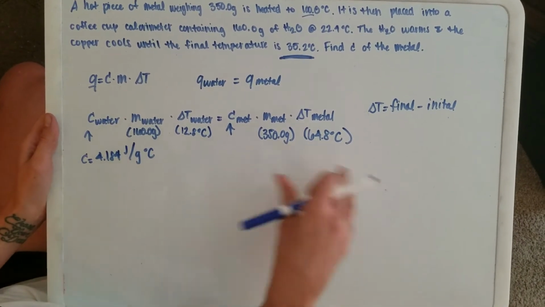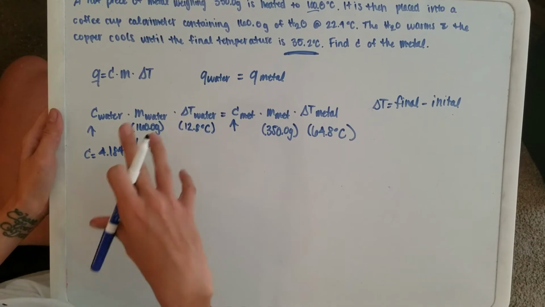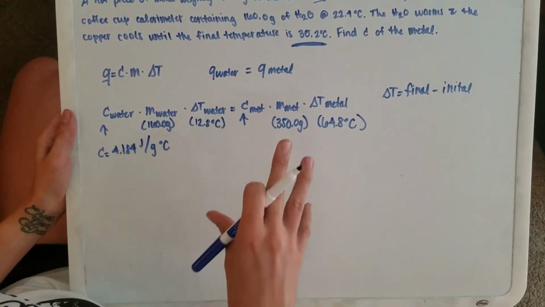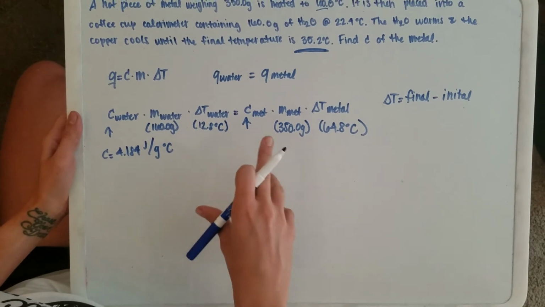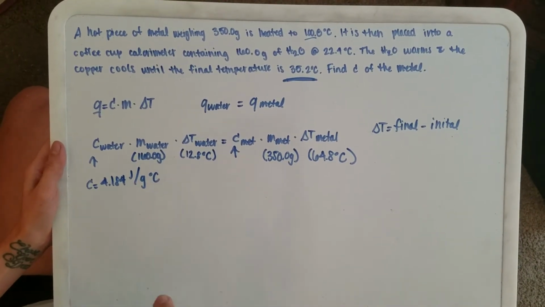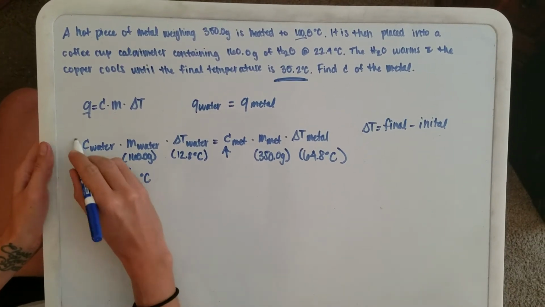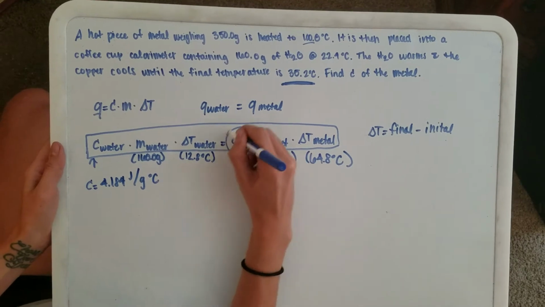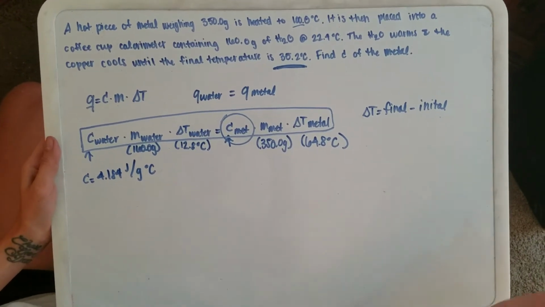So now that we know what everything is, we know the specific heat of water, the mass of water, we know everything that we need. And this is what I was telling you the other day, that this is exactly why I like to rearrange my equation before I plug in any numbers. So I'm going to rearrange this equation to solve for the specific heat of the metal.